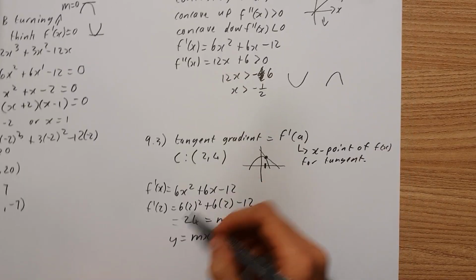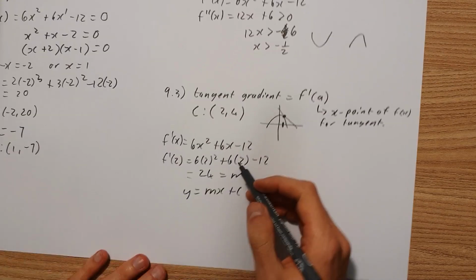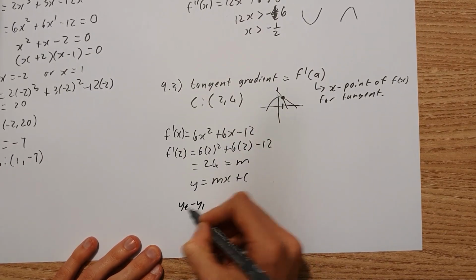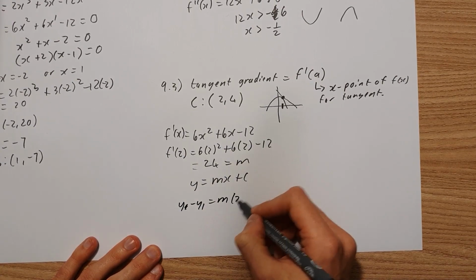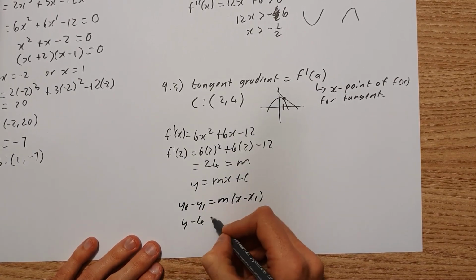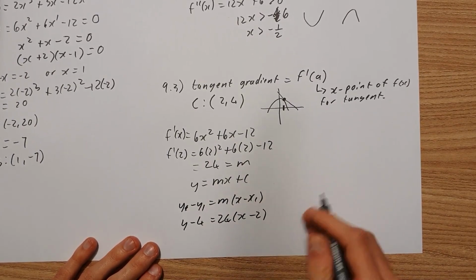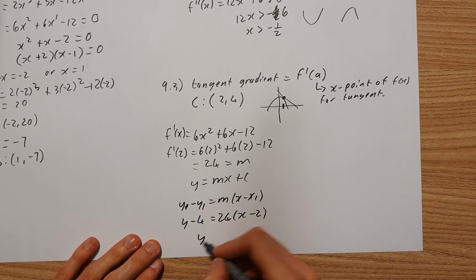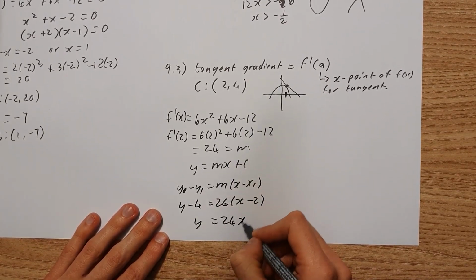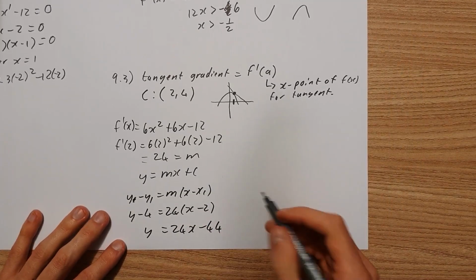They've given us a coordinate of (2, 4), so we can use that to find the equation: y minus y1 equals m times x minus x1. So we have y minus 4 equals 24 times x minus 2. If you solve this out, you'll get y equals 24x minus 44, and that's the equation of your tangent line.